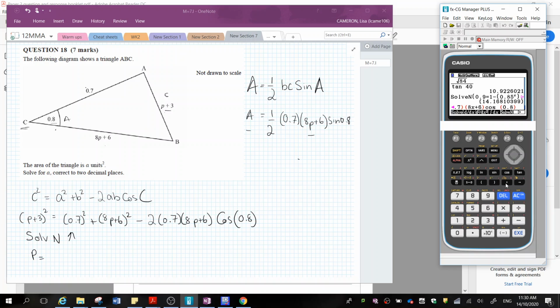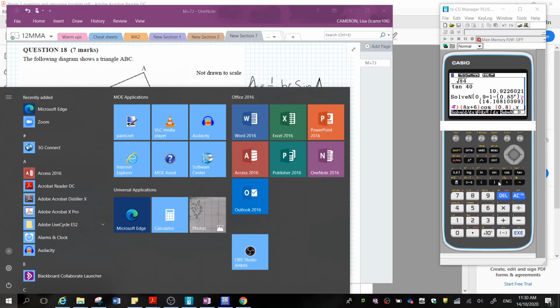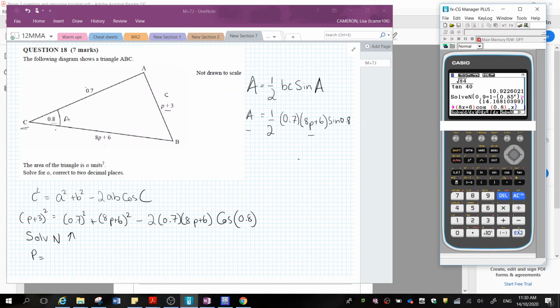Okay, and now we're going to tell it to solve for x. I'm going to close that bracket off so it doesn't give me a syntax error.